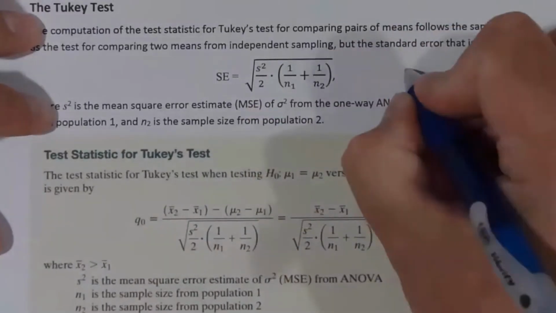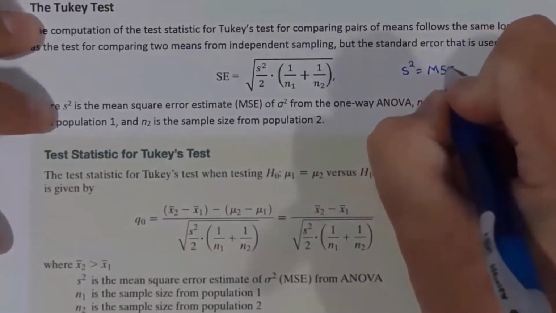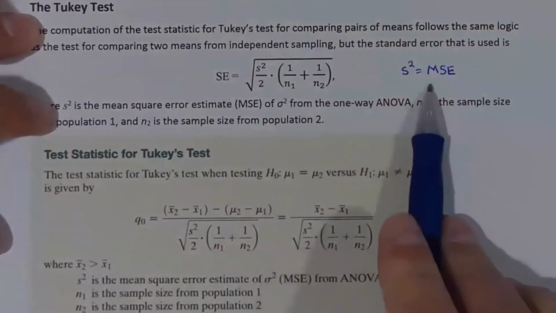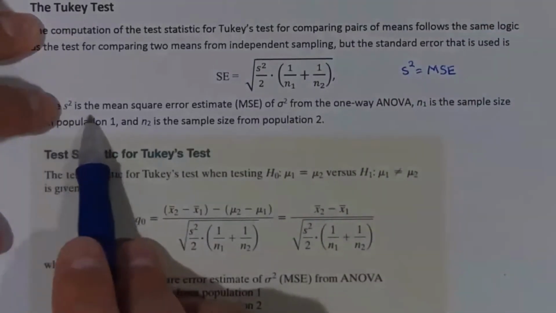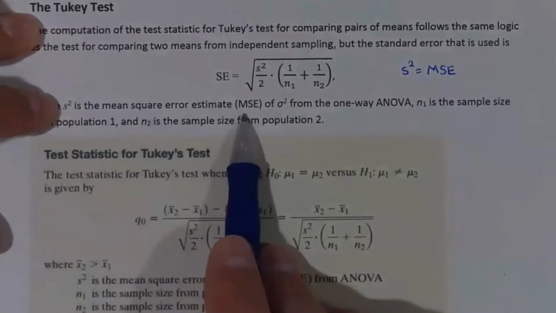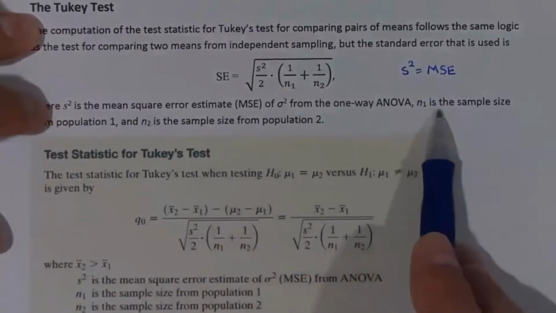In this calculation, S squared is going to be the mean square due to error that we calculate in our ANOVA test. So again, S squared is the mean square error estimate, or MSE, of sigma squared from the one-way ANOVA.